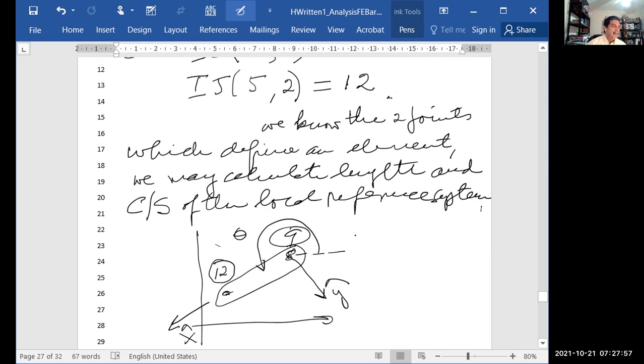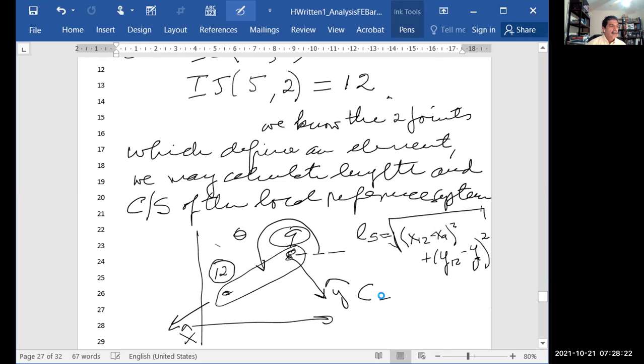But in this case, the length of the fifth element is going to be what? The square root of the second joint, which is x12 minus x9 squared plus y12 minus y9 squared.